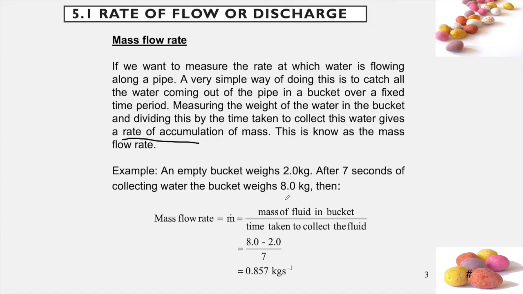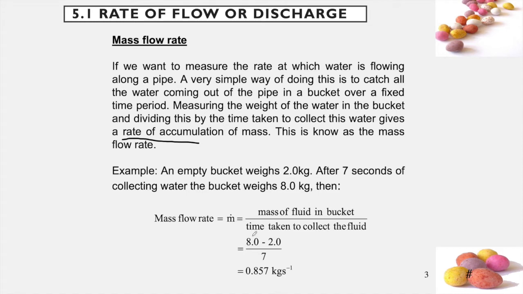We cannot take 8 kilograms as our mass of water because we know that the empty bucket weighs 2 kilograms. Therefore, we have to subtract 2 kilograms from 8 to find the mass of the water.